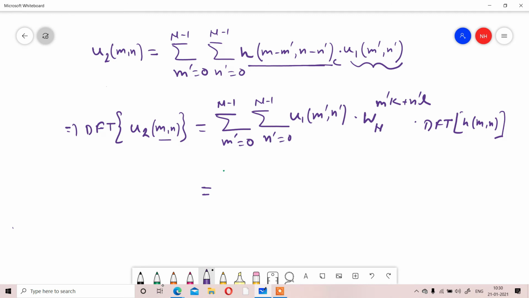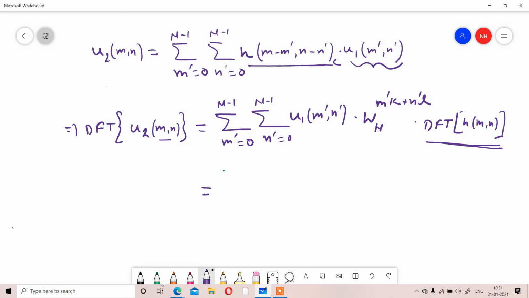Just consider DFT of h m n: it is not dependent on m dash and n dash, since the summation is from m dash 0 to n minus 1 and n dash 0 to n minus 1.